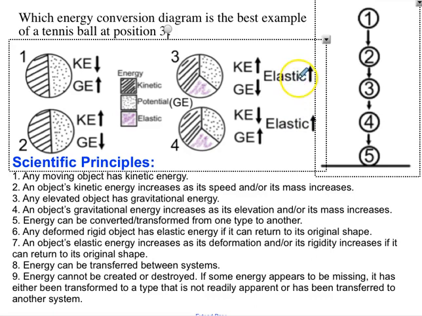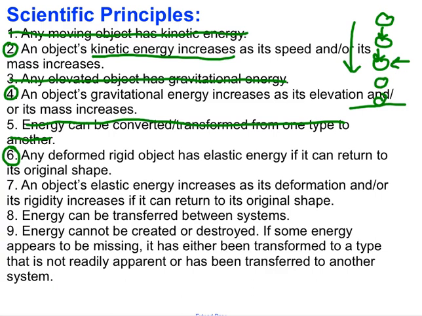So by looking at any deformed object has elastic energy, we know that position 3 is not at the bottom. So as a result, we can take a look at 6, and 6 is huge because it helps eliminate two of the choices right away. Now an object's elastic energy increases as its deformation.